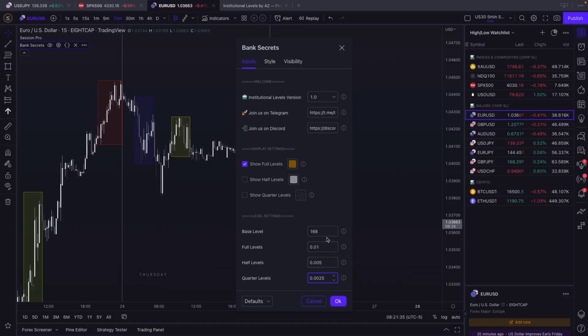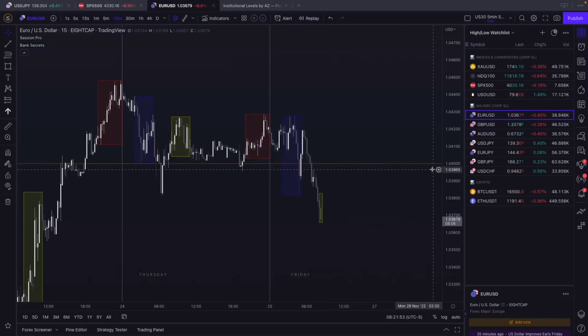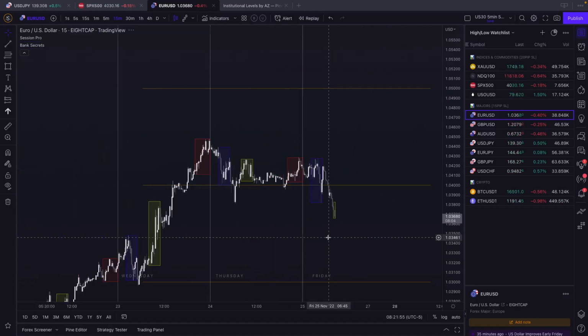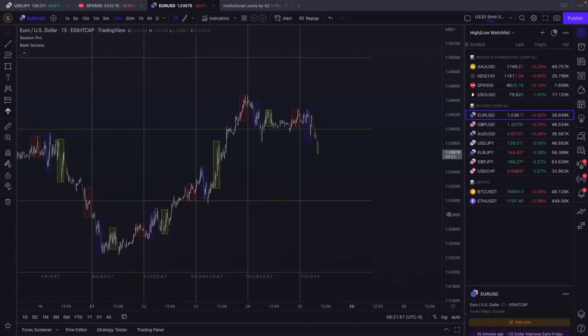So let's click on OK, and now we have to find our closest 000 level, which would be 1.04000. So we would type in 1.04. Click on OK, and now we have our 100 pip boxes right in here again.